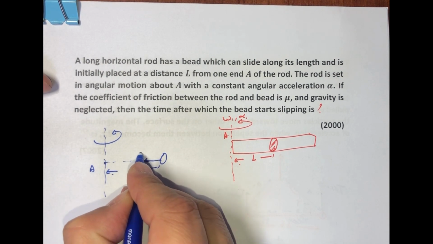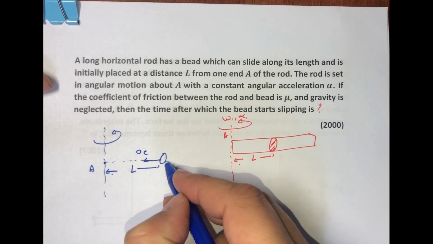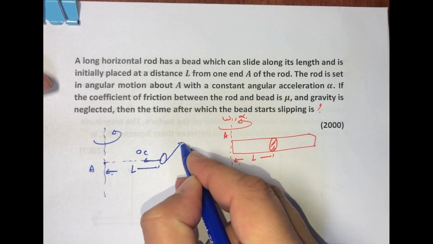One will be centripetal acceleration AC, and another one will be tangential acceleration AT.